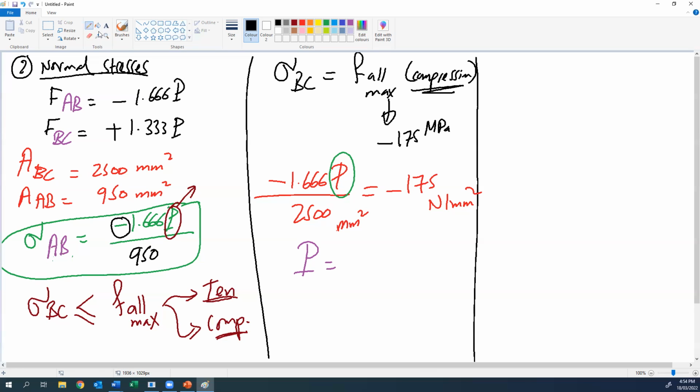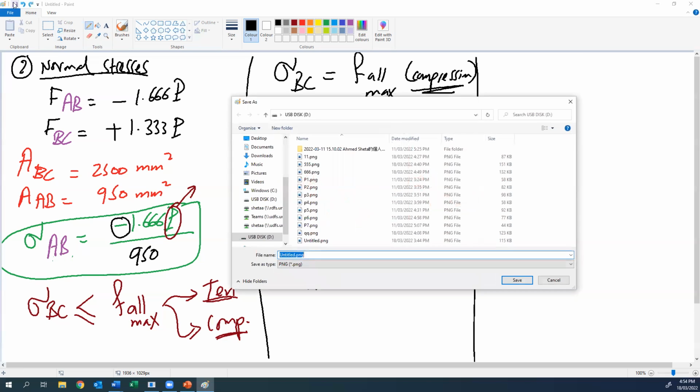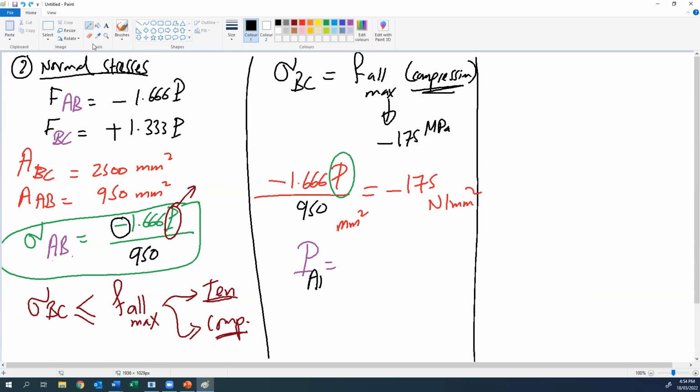So from this calculation, it's 950. The force in member AB, B from AB, sorry, just remove this. Now I will call this B coming from member AB because we will have two values.